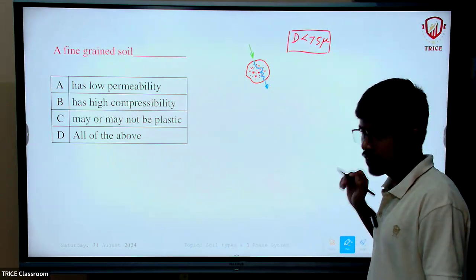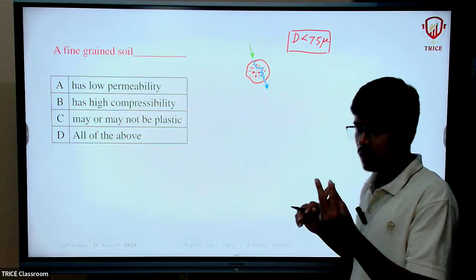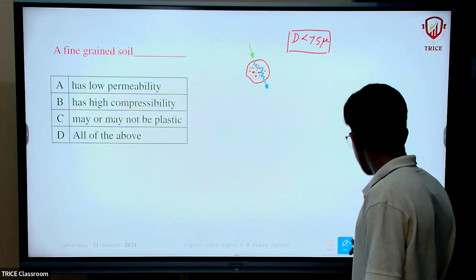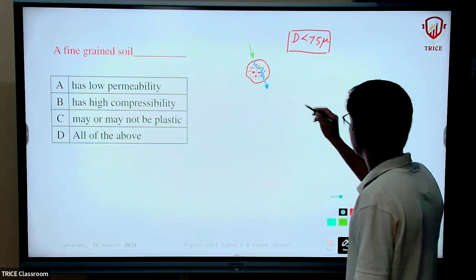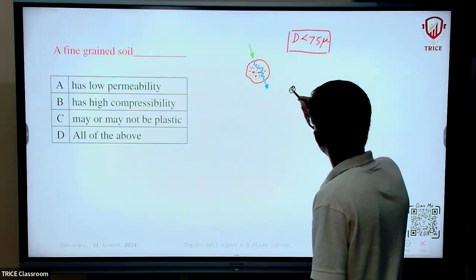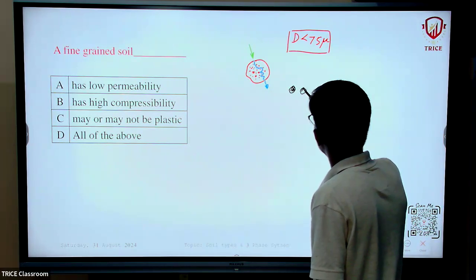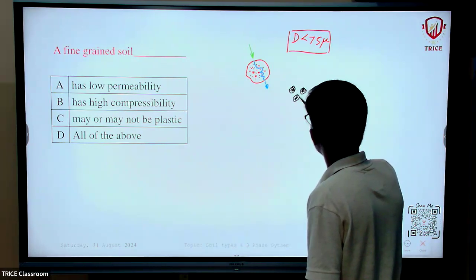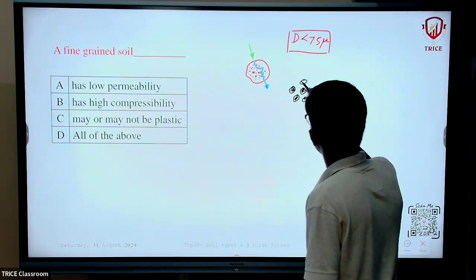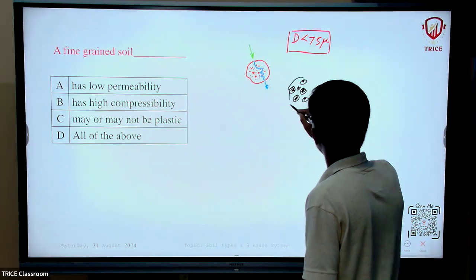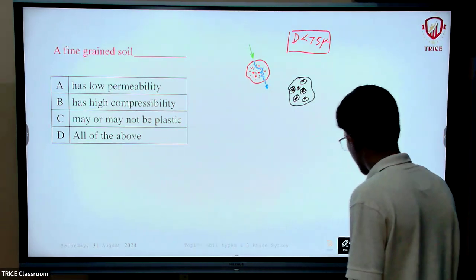If you take sandy soil, we have a notable grain size, a bigger particle size, so the voids are larger. This is the coarse grained soil particle.